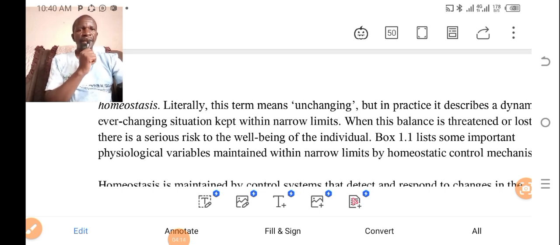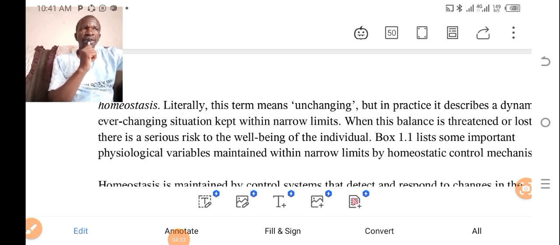So generally, when these variables go beyond normal and they become abnormal, it means there's homeostatic imbalance. So when this balance is threatened or lost, there's a serious risk to the well-being of the individual.